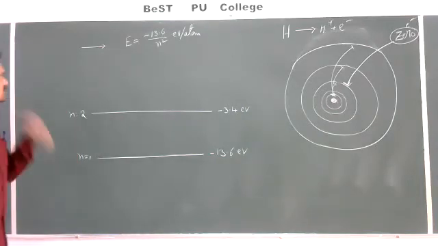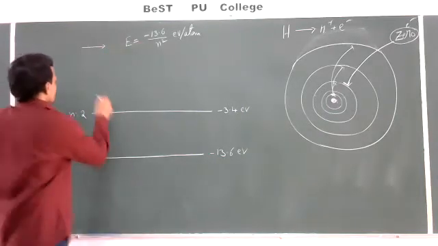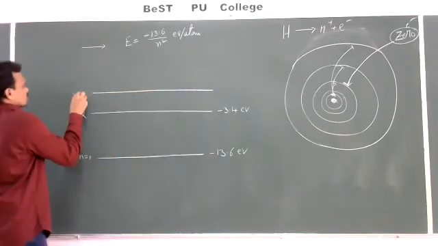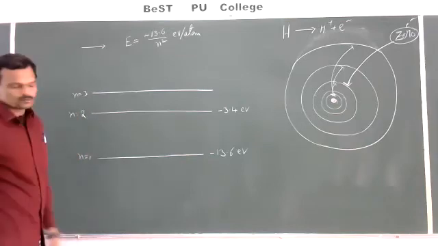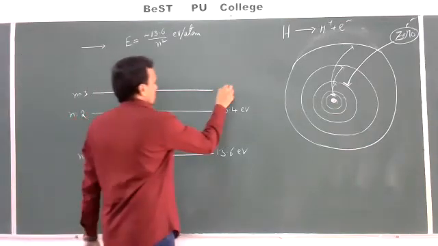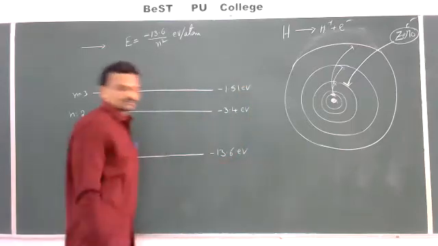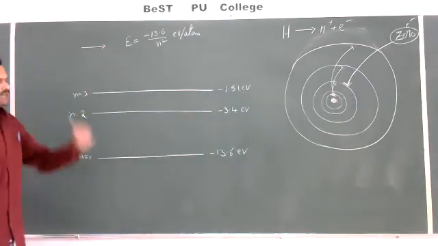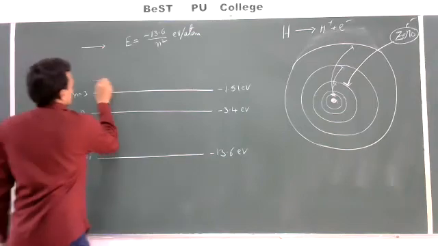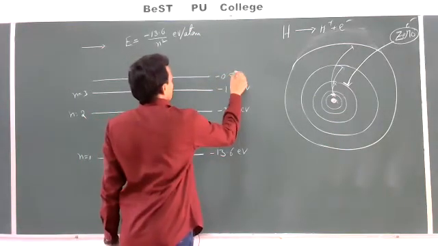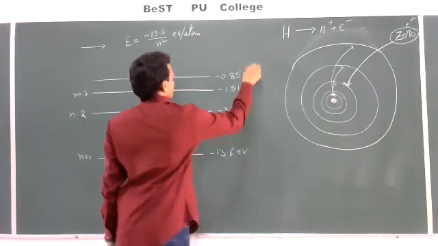If you substitute n equal to 3, you get minus 1.51 electron volts. For n equal to 4, this is minus 0.85 electron volts.